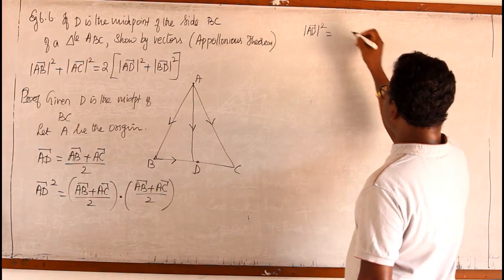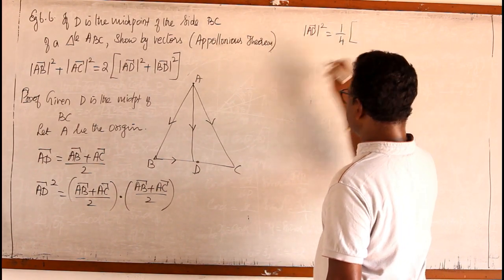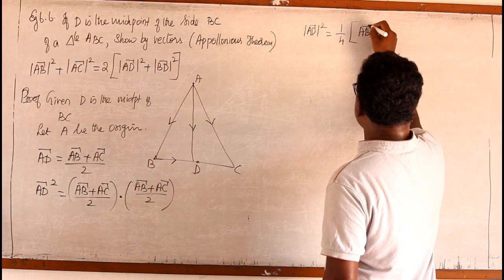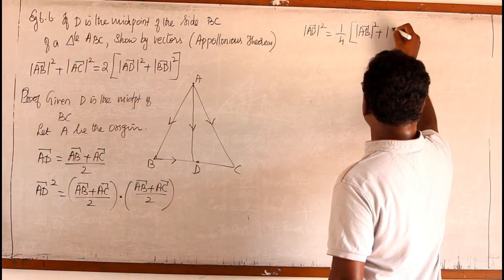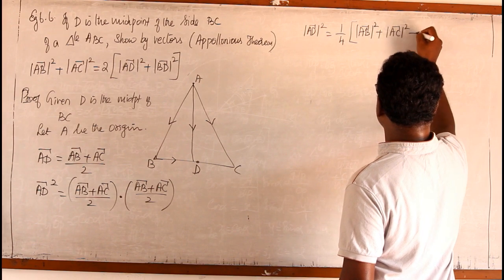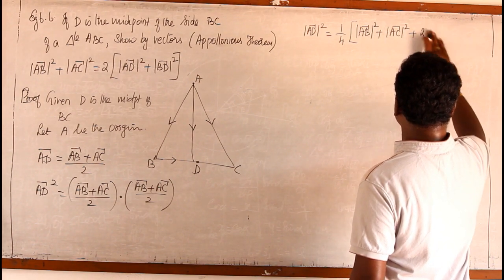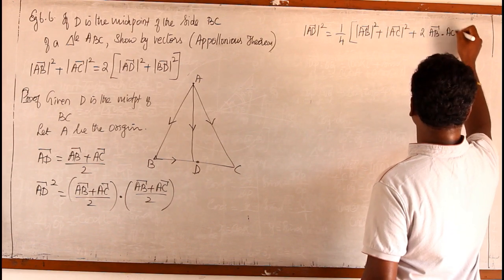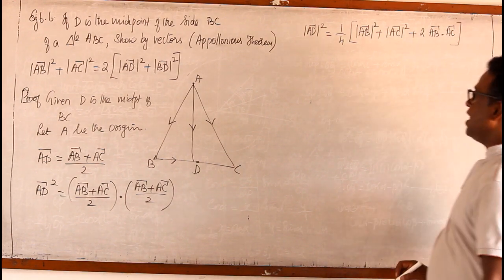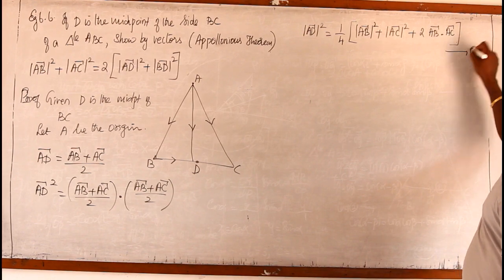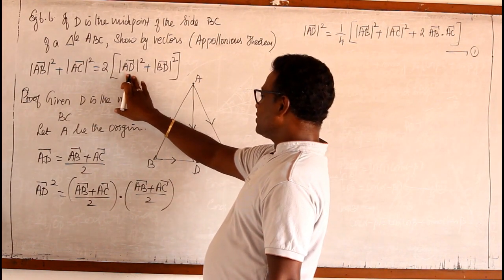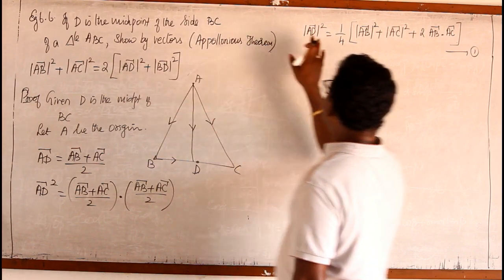So it is 1 by 4 into, is it not, a plus b the whole square? So it is AB square plus AC square plus 2 into AB dot AC. This is AD square. We shall keep this one as 1. Now, we are in need of AD square plus BD square, isn't it? So I am having AD square in my hand.